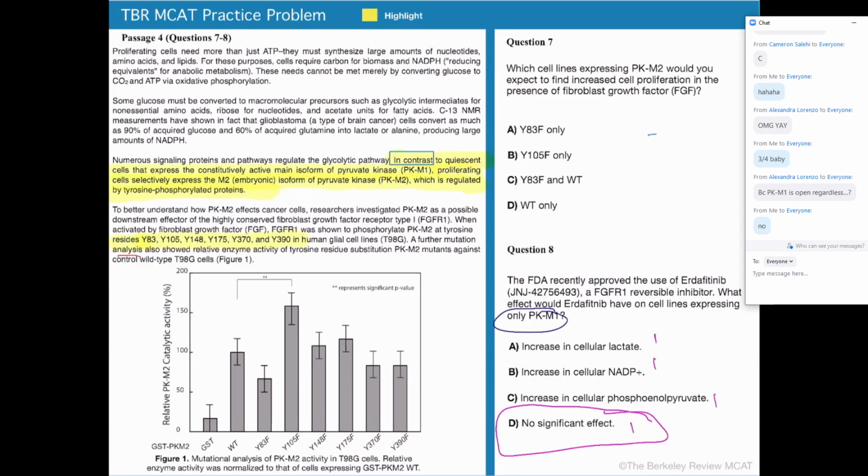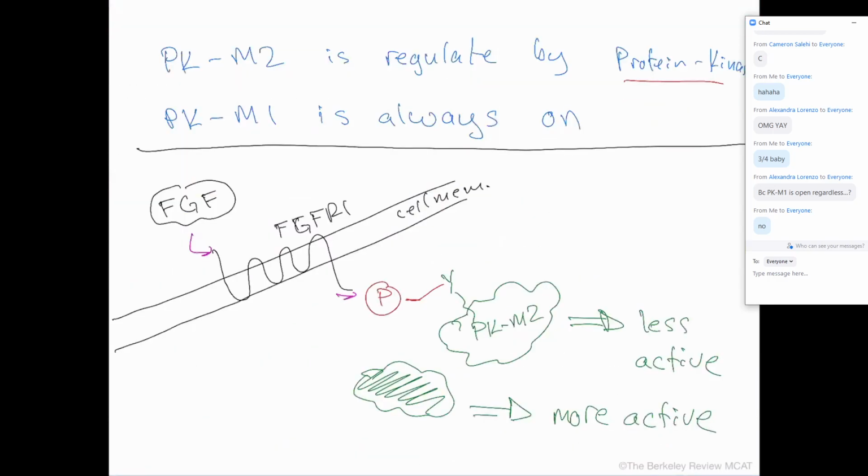Okay, so the drug acts as an FGFR inhibitor. Down here, it prevents this from binding to the FGFR. So it essentially stops the phosphorylation of pyruvate kinase M2, which means that pyruvate kinase M2 will be more active.